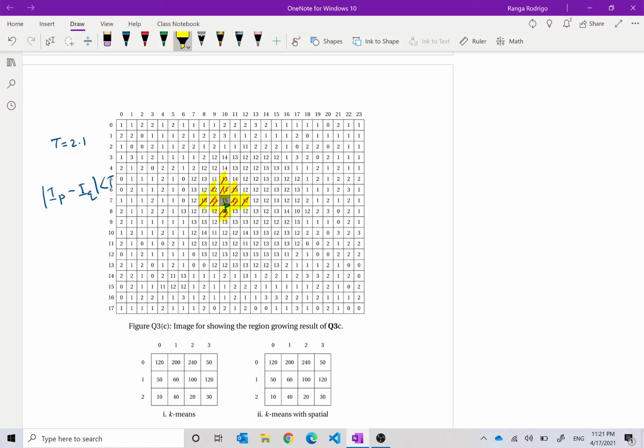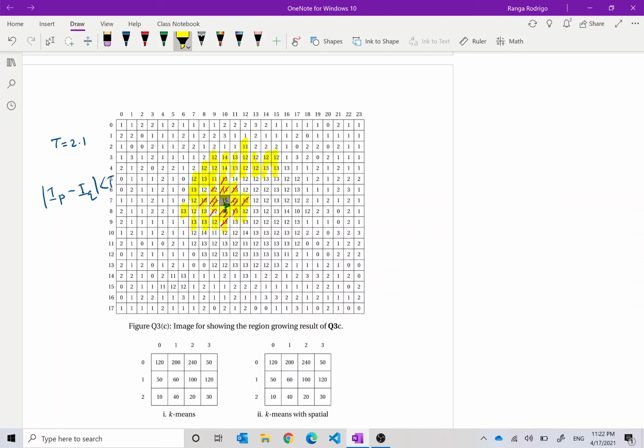So this also gets segmented. You can see the frontier is propagating slowly, and they get absorbed into the segmentation. Now I will just highlight them so you can see, because the difference to the adjacent pixel is less than 2.1, all get absorbed into the segmentation.